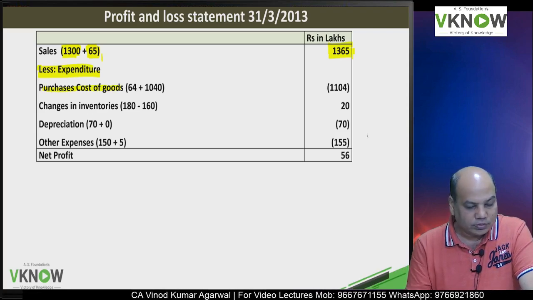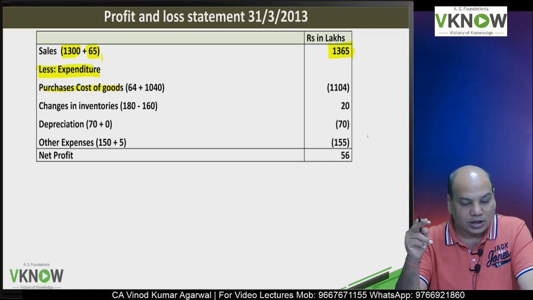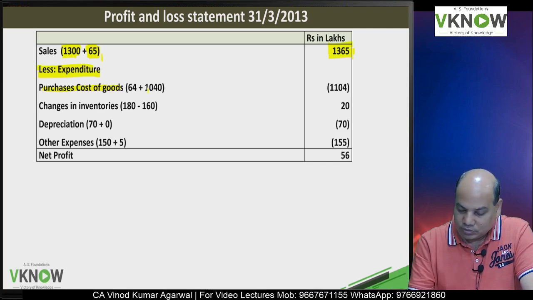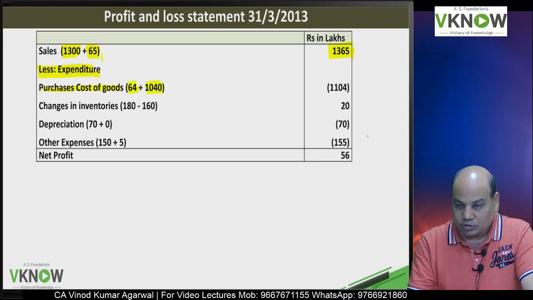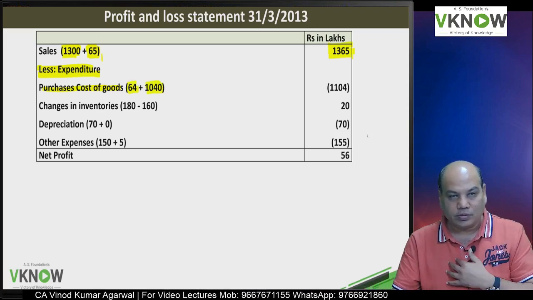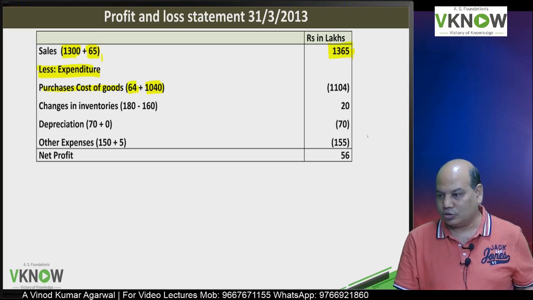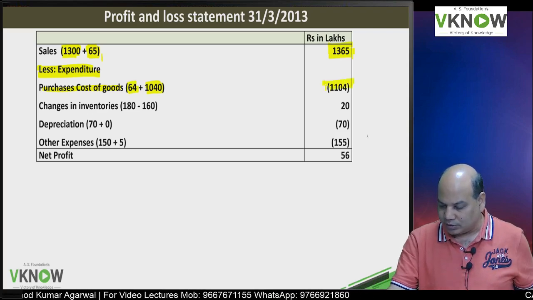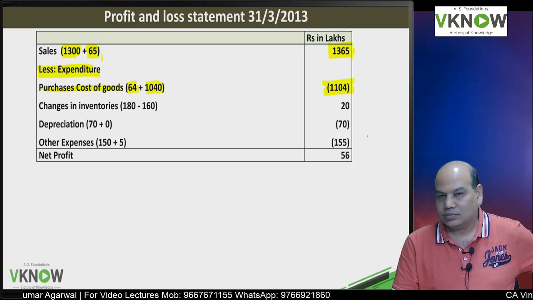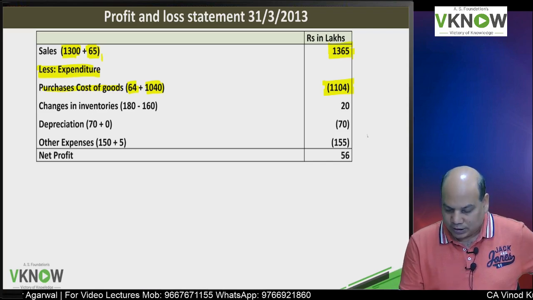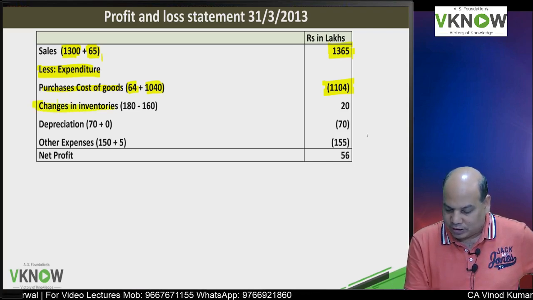Cost of goods. If you look at the trial balance debit side, second line we have 1040 and 64 is the share in purchase of joint venture. So total purchase in bracket 1104. Then change in inventory.